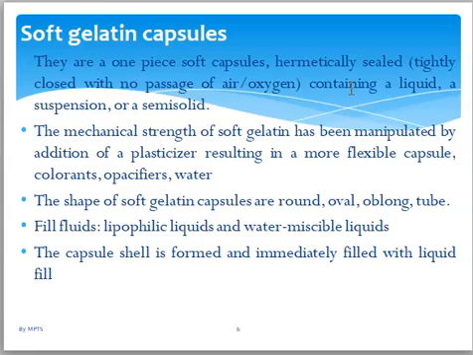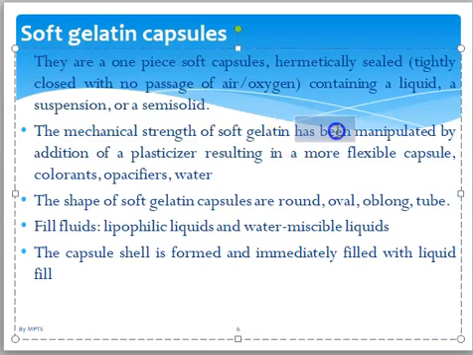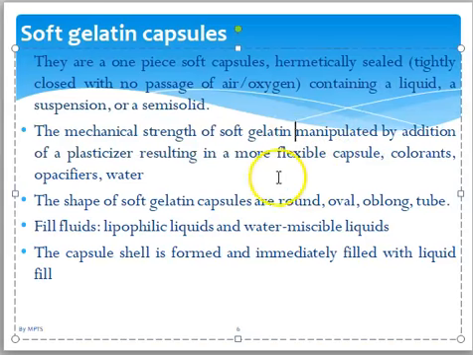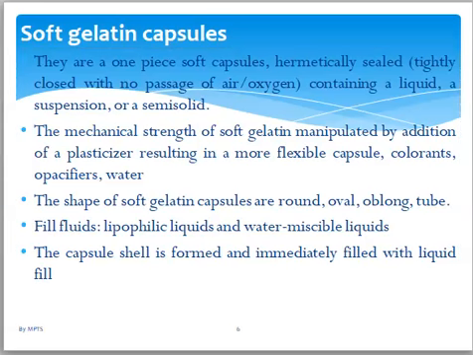Now, of course, the mechanical strength of the soft gelatin capsule is manipulated by the addition of a plasticizer. And of course, we have opacifiers and colorants. The shape can be round, oval, oblong, tube, any shape, and the fill can have lipophilic liquids, or water-soluble liquids, and very many things.